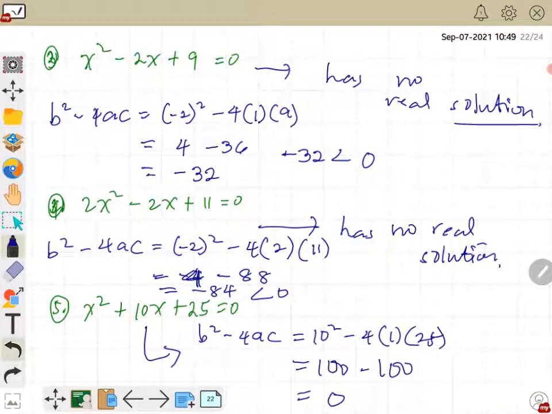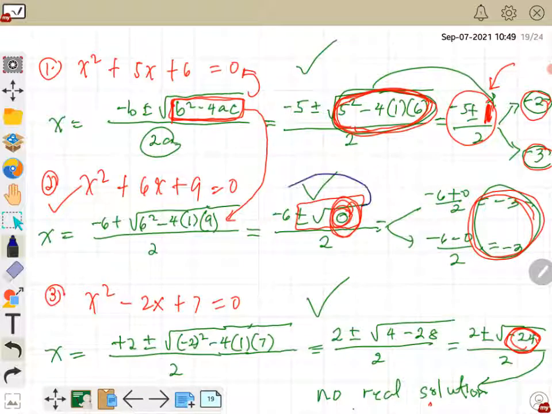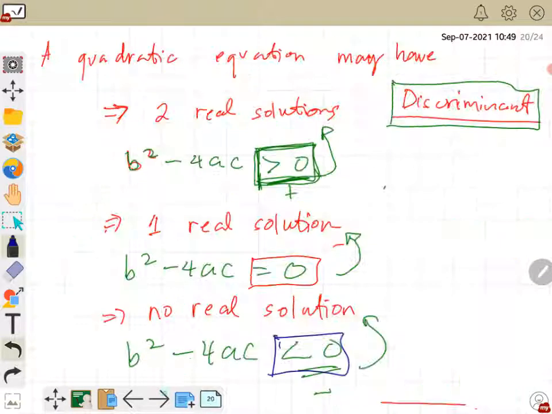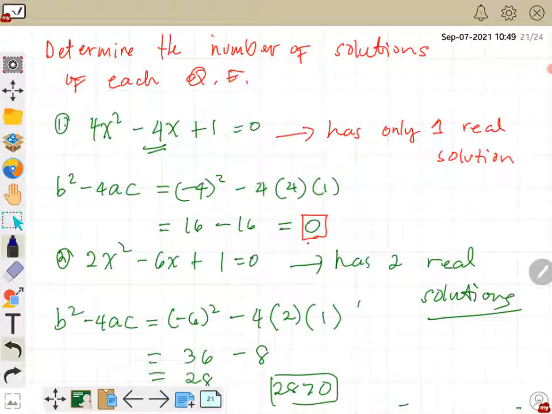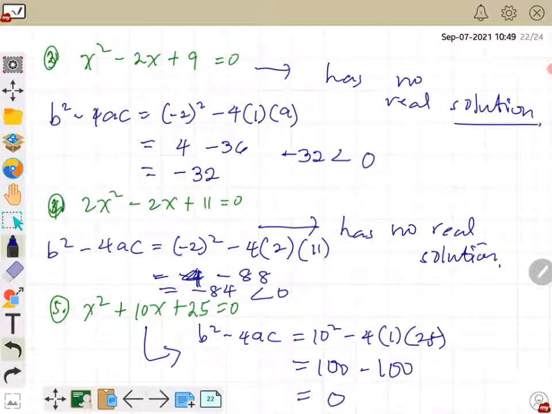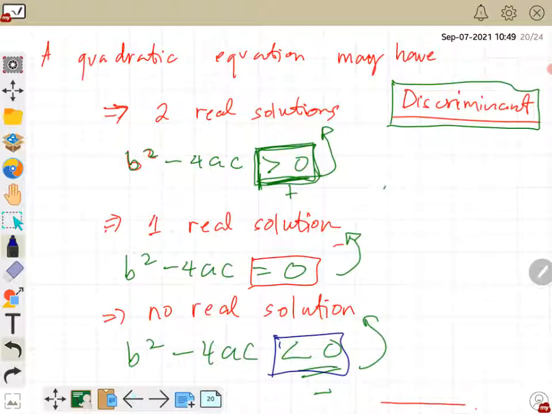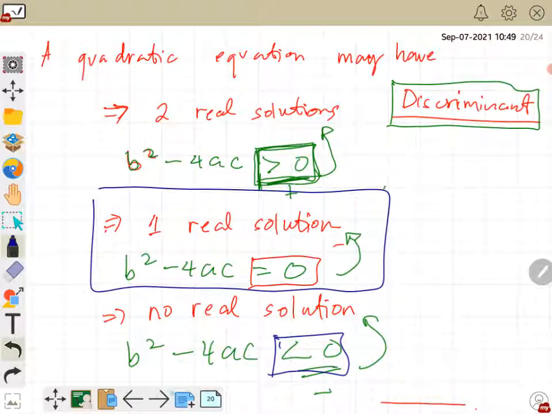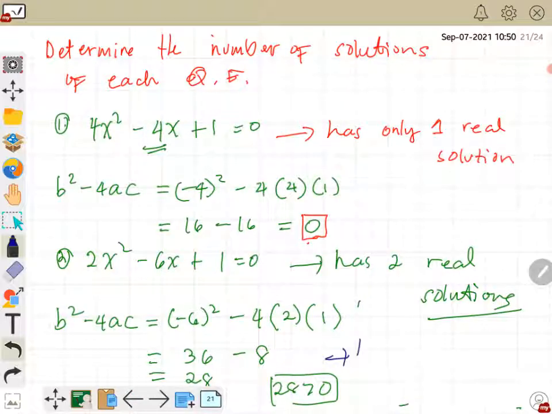So what does it mean when our value of b squared minus 4ac equals 0? It's like the earlier case, where what's inside the square root sign is 0. The result of our discriminant value is 0, meaning this one has one real solution.